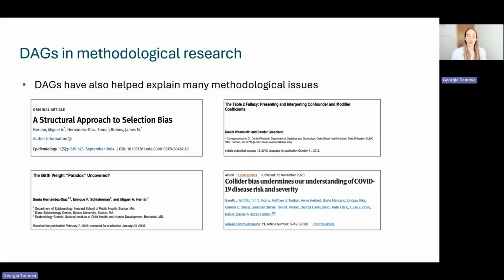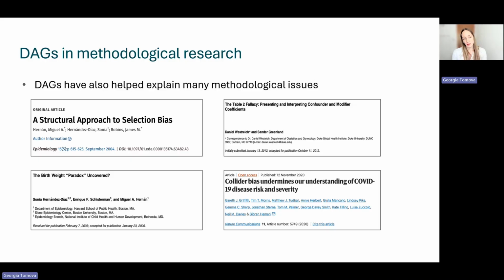But they are also extremely useful for methodological research and for understanding different methodological issues and concepts that might be much more difficult to understand without having a graphical representation. For example, although we knew about selection bias before DAGs were mainstream, being able to depict different types of selection bias with DAGs has significantly improved our understanding of all the possible implications.